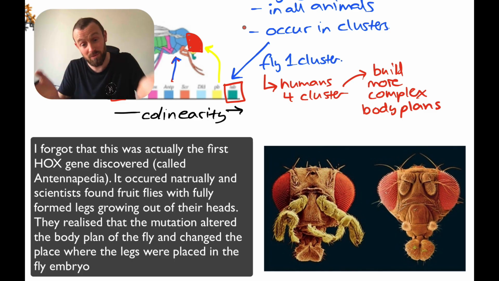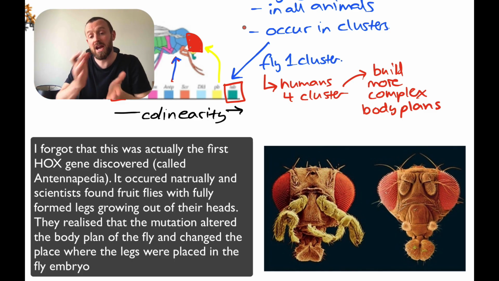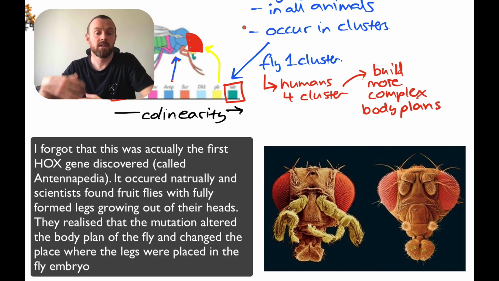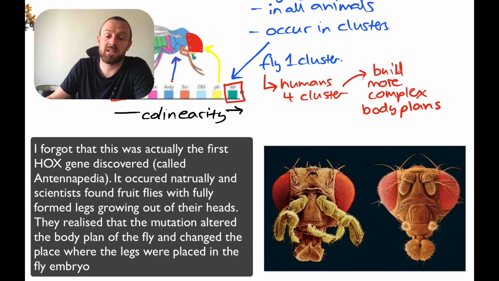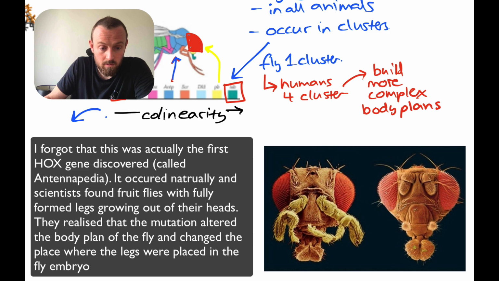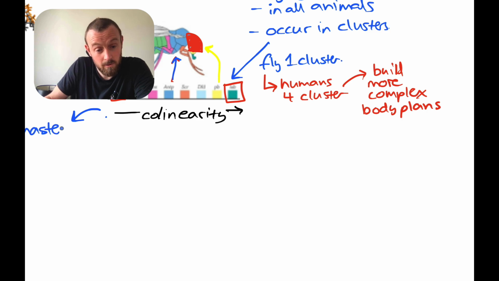But it's that amazing. If you change the sequence of these genes, you change the body plan. So what does that tell us? It tells us that these are master control genes. Let's write this down here. Master control genes.